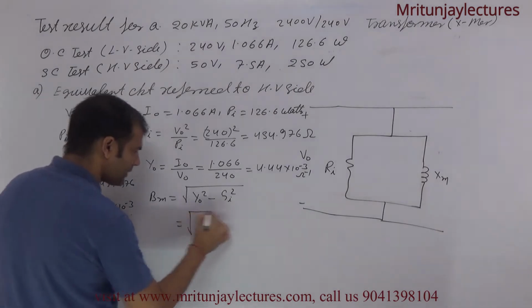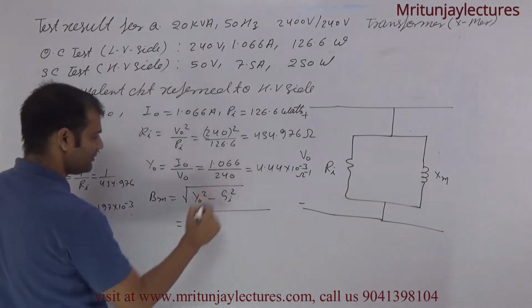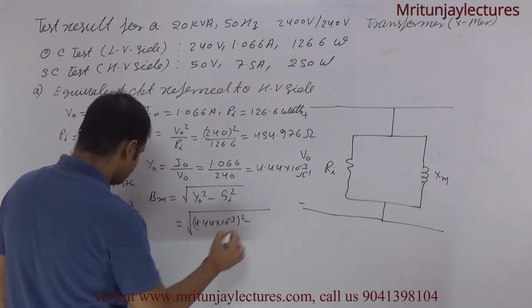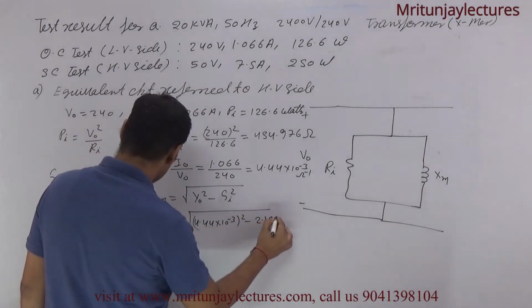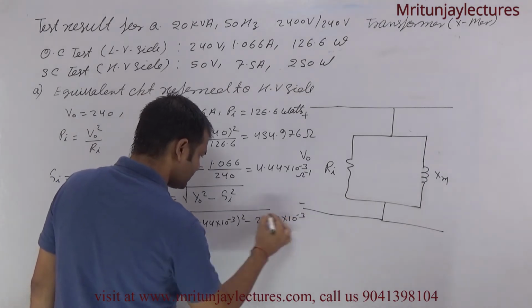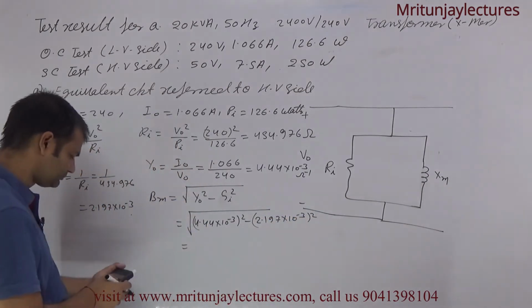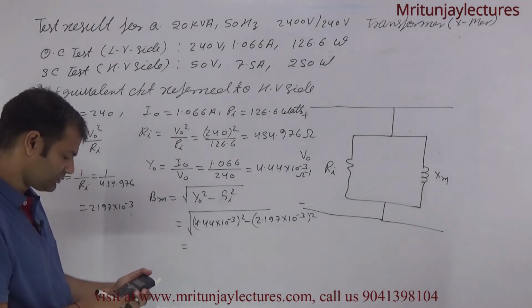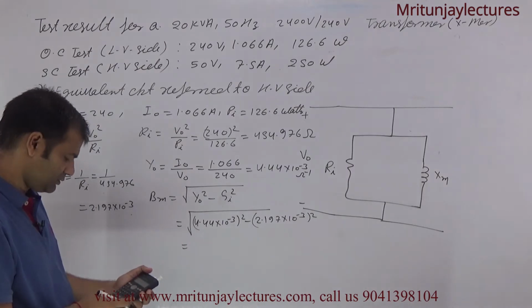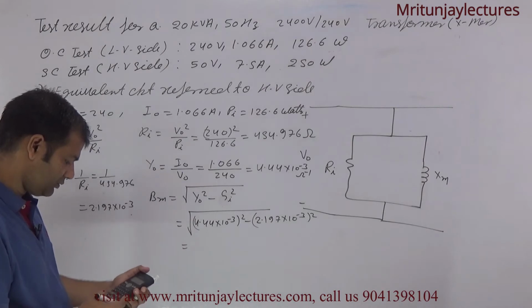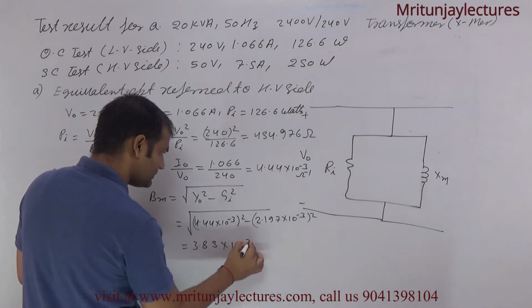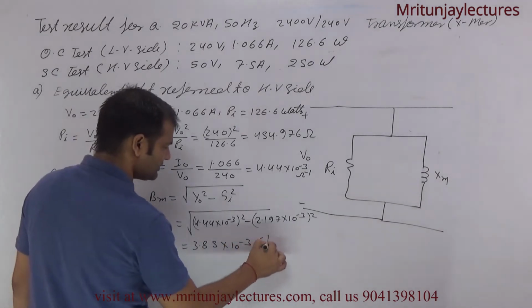So (4.44 into 10 to the power minus 3) whole square minus (2.197 into 10 to the power minus 3) whole square, under root, gives 3.85 into 10 to the power minus 3 ohm inverse.